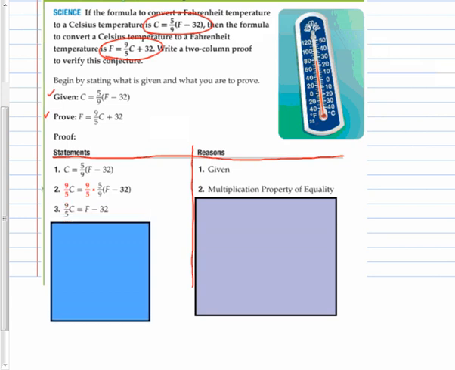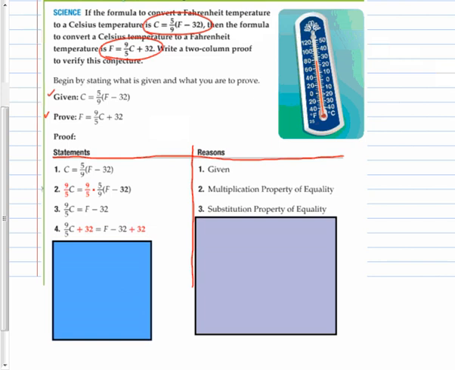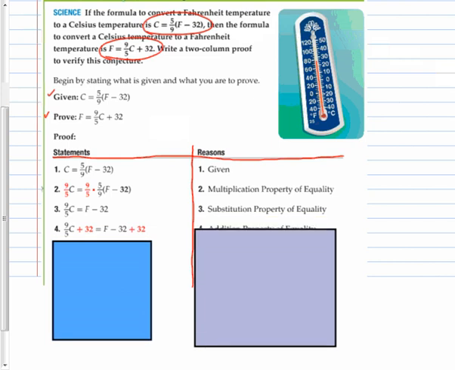Then they, substitution, they replaced the 9/5 times 5/9 with 1. Not 0, with 1. Substitution property. Very good. Then they, addition property of equality. Very good.